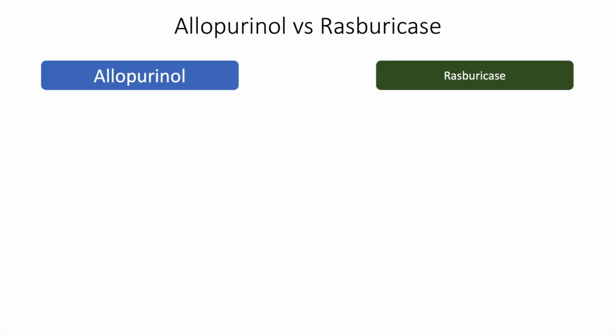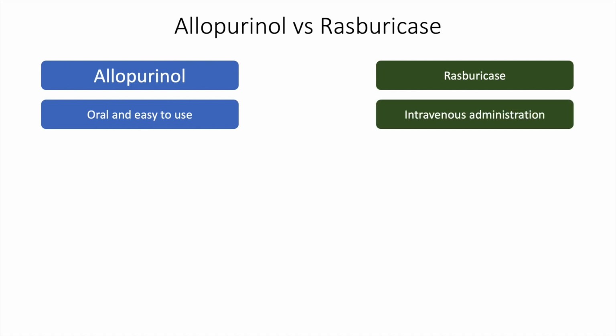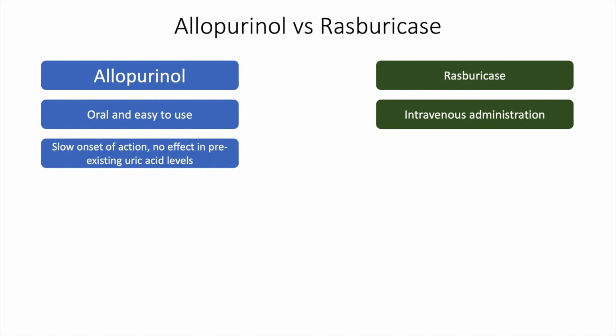Let's compare and contrast allopurinol and rasburicase as treatment modalities for hyperuricemia in tumor lysis syndrome. Allopurinol is oral and easy to use, whereas rasburicase must be given by an intravenous administration. Allopurinol has a slow onset of action and has no effect in pre-existing uric acid levels.